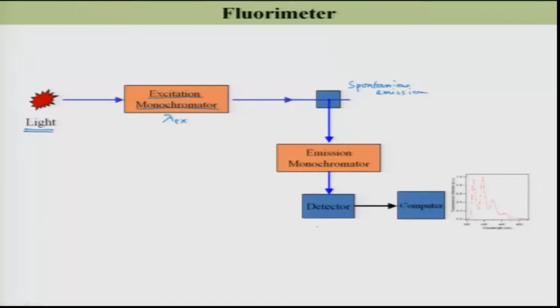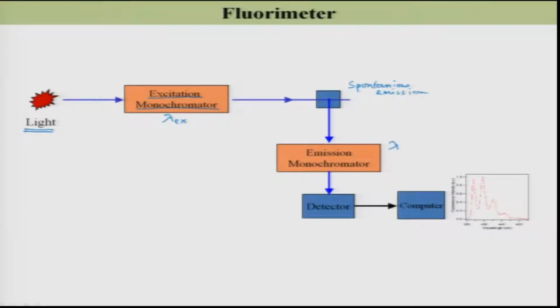During the measurement you keep the setting of the excitation monochromator fixed at your desired lambda excitation. However, you scan the emission monochromator throughout the emission band. Then you get the intensity of emitted light at every wavelength.